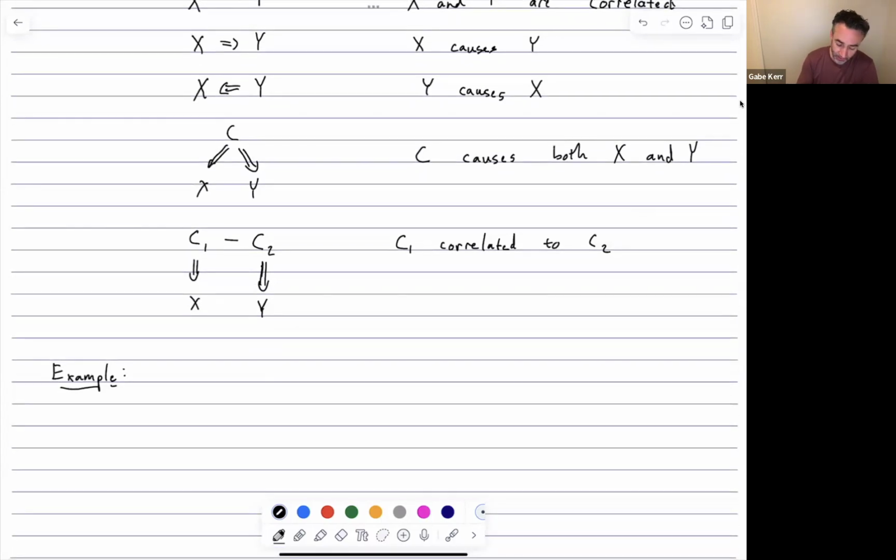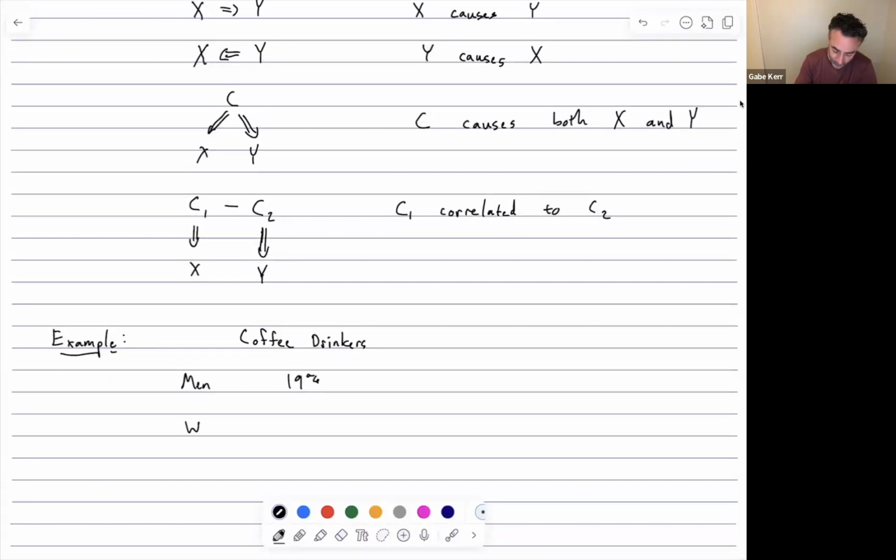They found that amongst the coffee drinkers, they saw in men a 19% death rate, in women a 15% death rate over the study. And then among the non-coffee drinkers, they found a 13% death rate and a 10% death rate.